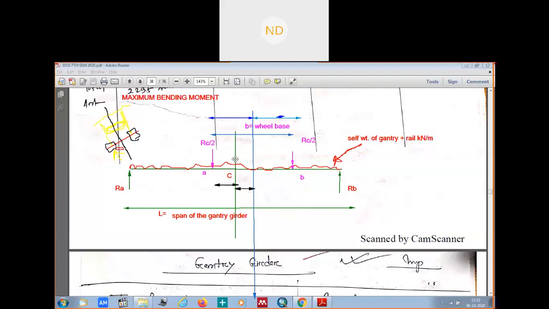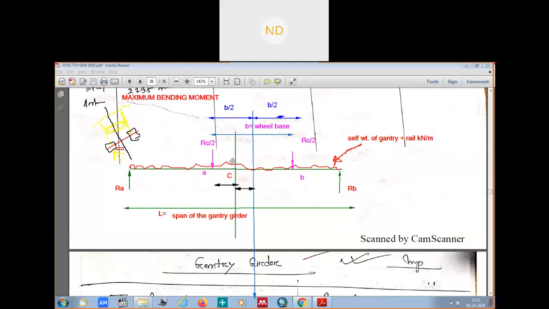This is your wheelbase from here to here, it is B. Now this distance will obviously be B by 2, half of this wheelbase, because this is the center, right? This blue color is the center of these two wheels. So this is half from here, half from here. It is B by 2. Okay, B by 2, B by 2, half half.